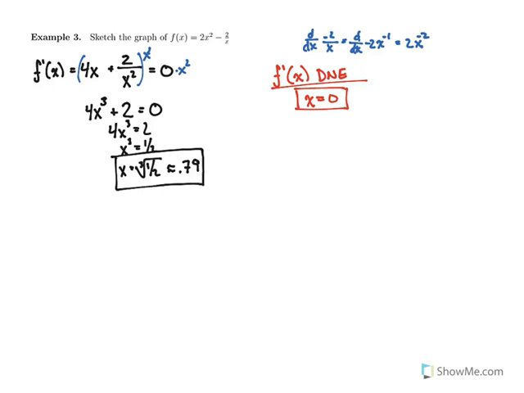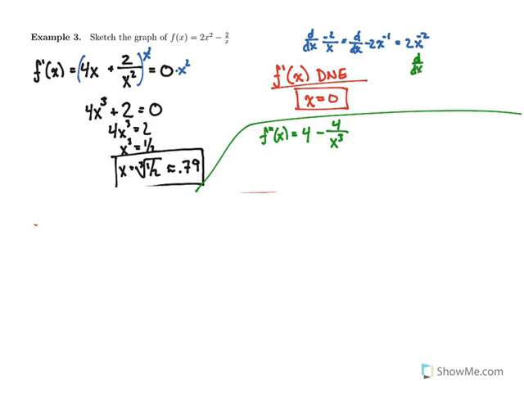All right, let's also find the second derivative. The second derivative is going to be 4 minus 4 over x cubed, since the derivative of 2x to the negative 2 is negative 4x to the negative 3.